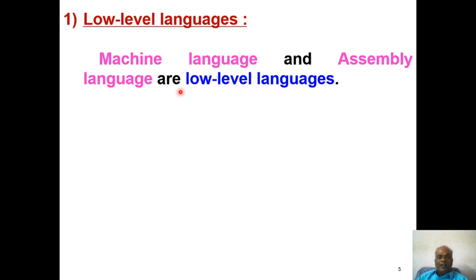Low level languages always try to improve the machine efficiency while designing the programs. So the first kind of low level language is the machine language.